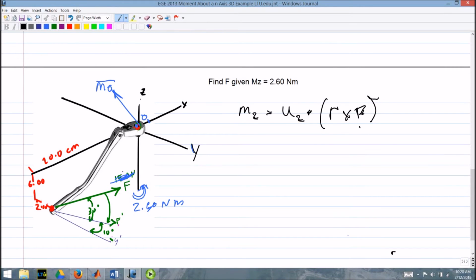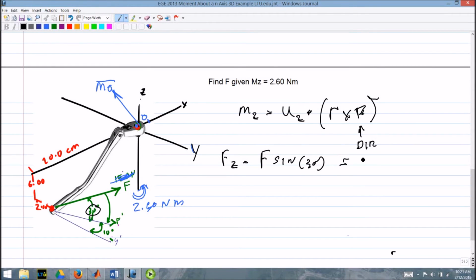So I know the direction, but the magnitude is unknown, okay? So I need to sort out the force F in Cartesian coordinates. I know that my Fz is going to be equal to the unknown magnitude F times the sine of 30 degrees.